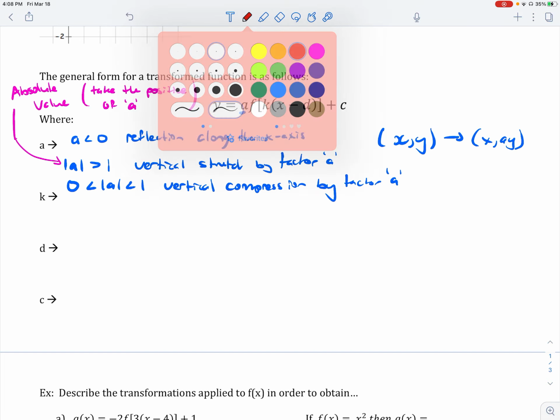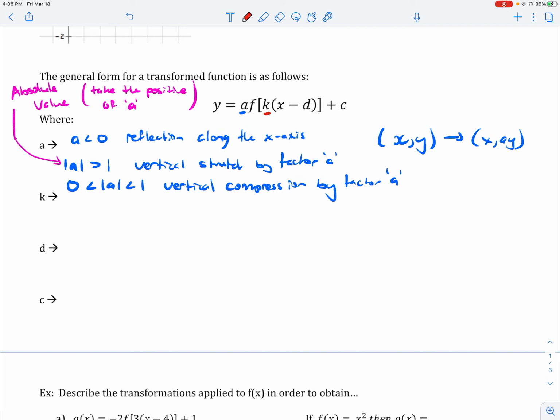The K value is always inside the function, inside that square block. Same thing with this one. If K is negative, then we're going to have a reflection, but it's going to be along the y-axis.